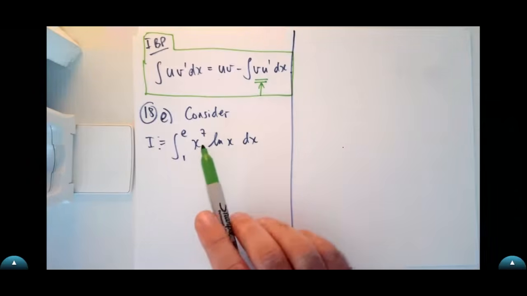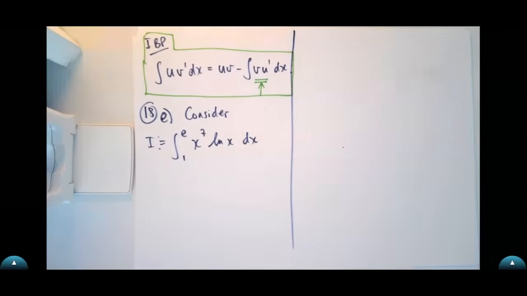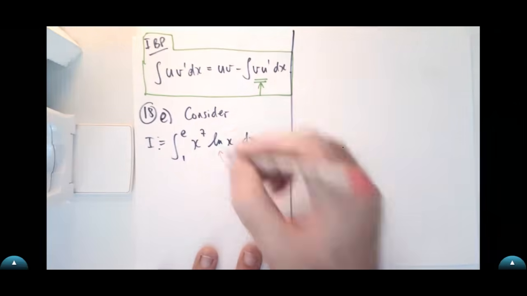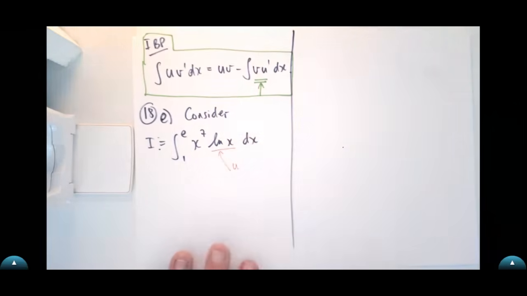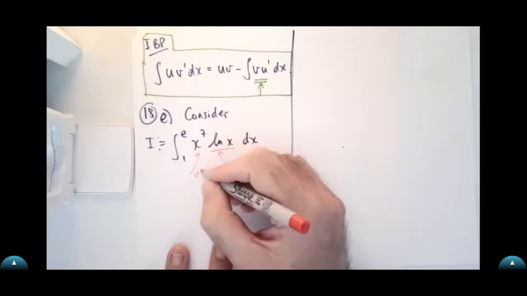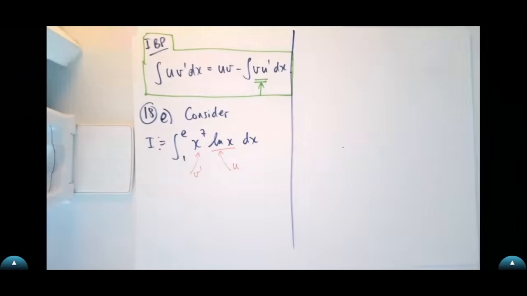As soon as you've realized you've made a mistake, you can just swap the choices around. So I'm going to let u be the natural logarithm of x, that function. And I'm going to let v dash be x to the power 7.